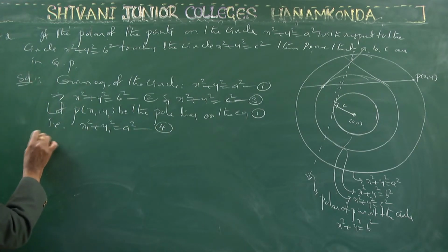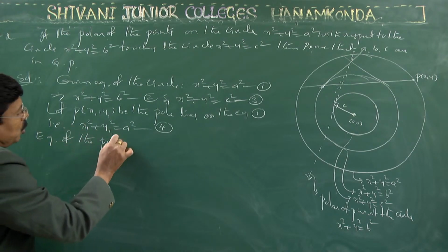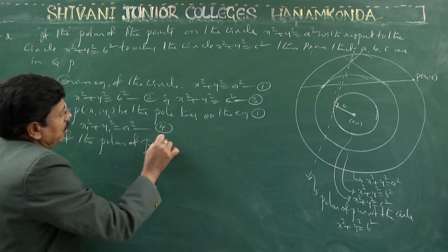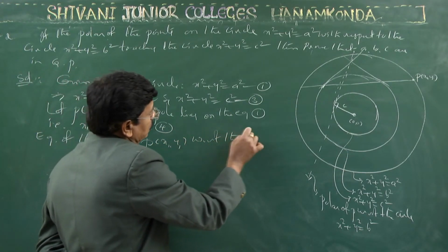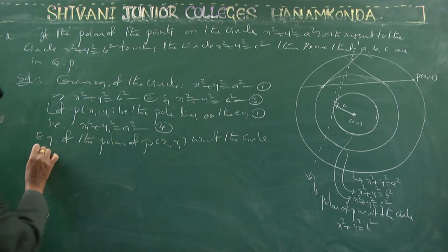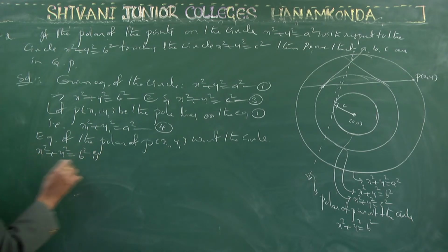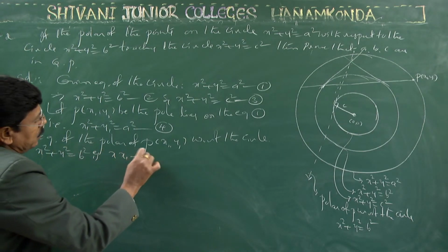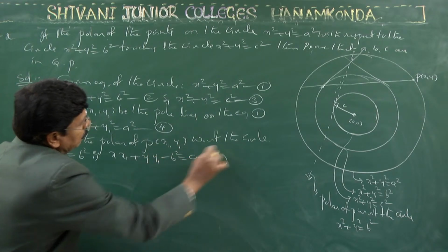Next we can find the equation of the polar. The equation of the polar of P of x1 y1 with respect to the second circle x square plus y square is equal to b square is obtained by replacing x square with xx1 and y square with yy1, giving xx1 plus yy1 minus b square equals zero. Call it equation 5.